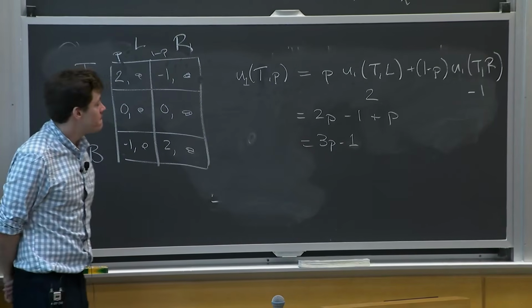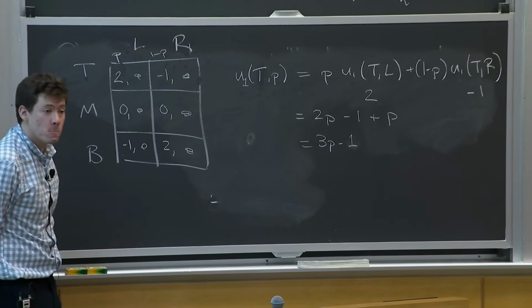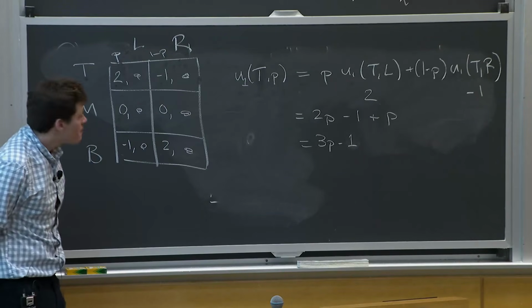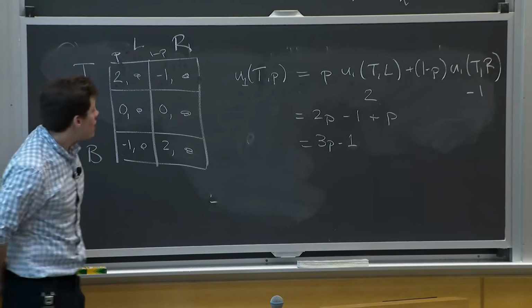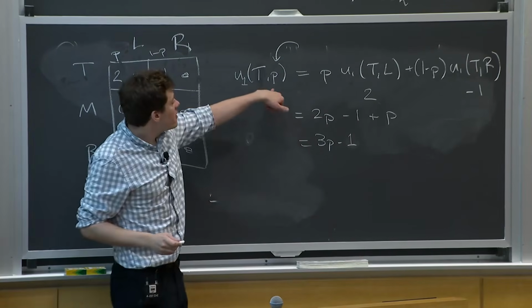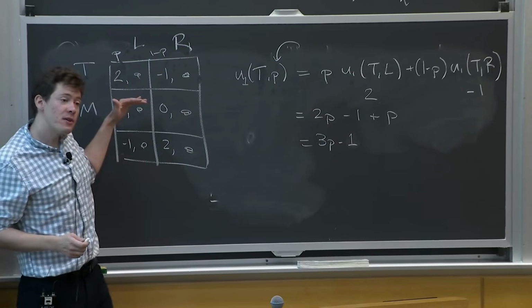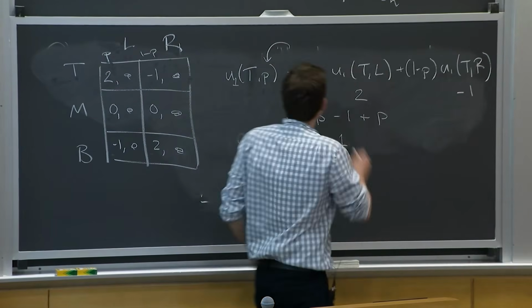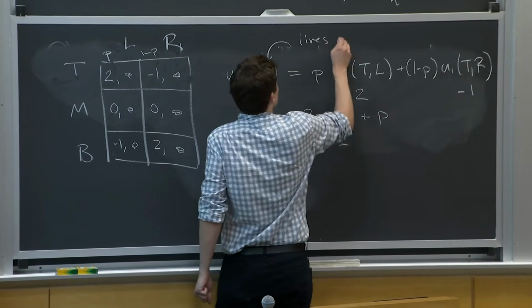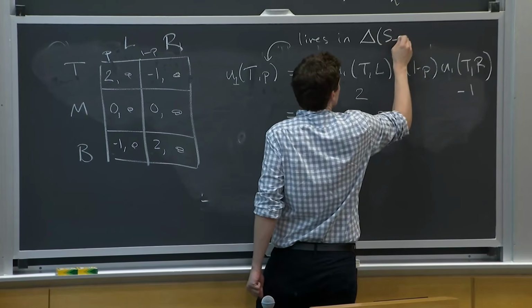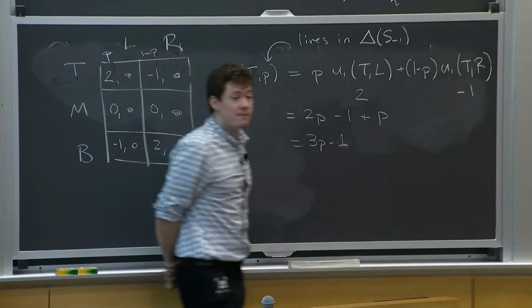So, just for a notation question, the utility in this case is specifically only over the lottery, which is represented by the value p, but we also have to include the strategy, right? Right. So if we want to be a little more formal, what is this? This is a lottery. Well, this is a 2-player game, so this is a lottery over the strategies of my opponents. So this lives in delta of, in this case, S2, but more generally, S-1.